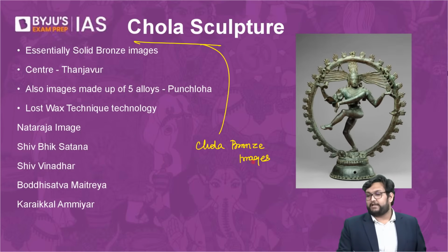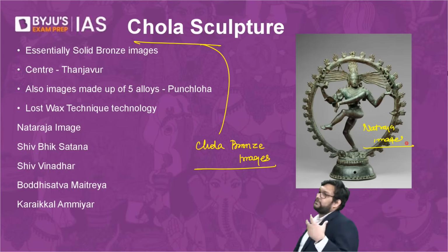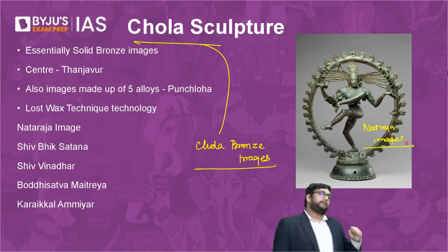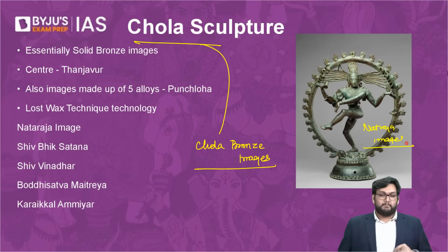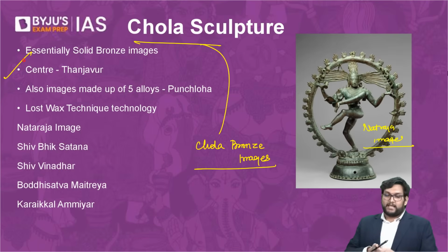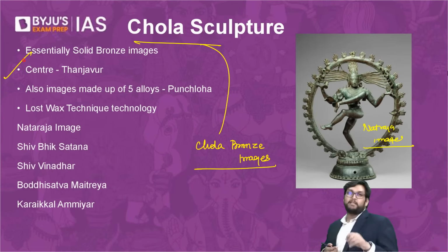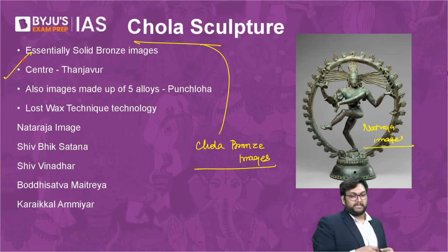The most celebrated of it, the Nataraja image, till today is considered the most expensive. The same Nataraja image, through the lost wax technique, created the G20 Nataraja, which is in front of the Bharat Mandapam. But that concept of Nataraja came from the bronze sculpture of the Cholas, and they again use the same lost wax technique to produce this object itself.